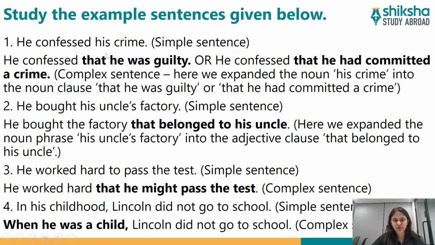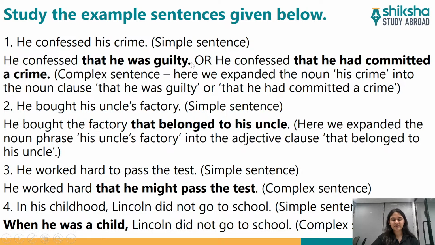In these examples, what I have done is I have taken a simple sentence and converted it into a complex sentence. So let's look at these 4 sentences, and then we will gradually move on to our small activity which I have prepared for you. The first sentence says, "He confessed his crime." This is a simple sentence. Now, if I read it out as a complex sentence, it will say something like, "He confessed that he was guilty."